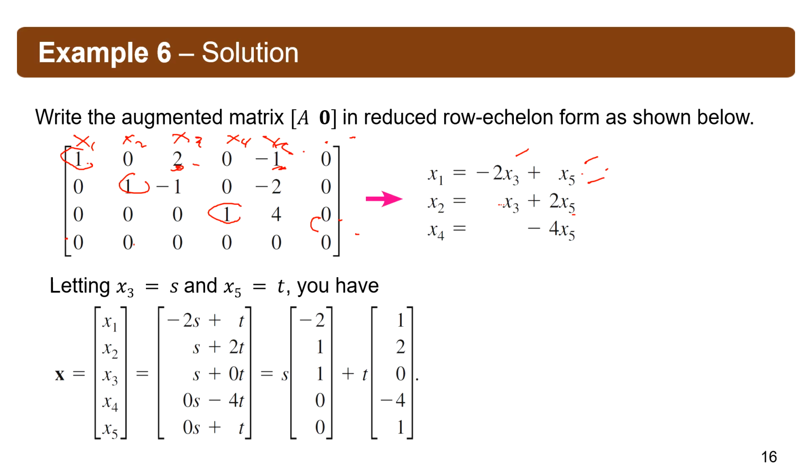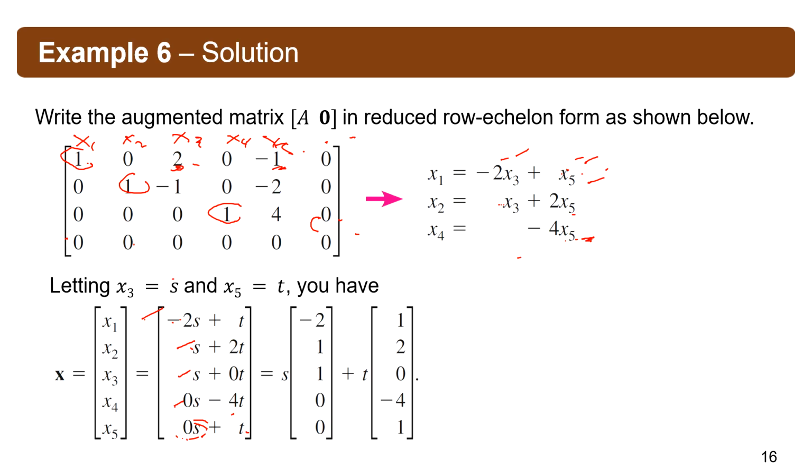If x sub 3 is s and x sub 5 is t, so you substitute here, then you have this first component, and then the next, second, the third is x sub 4. See, this one, x sub 4 is negative 4, I should say, t. And you have x sub 5 is 0, so I'll just put it here, 0. Then t. So you have now 2, negative 1, negative 2, 1, 1, 0, 0.